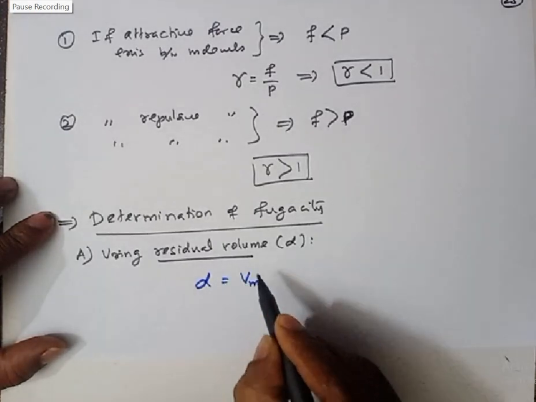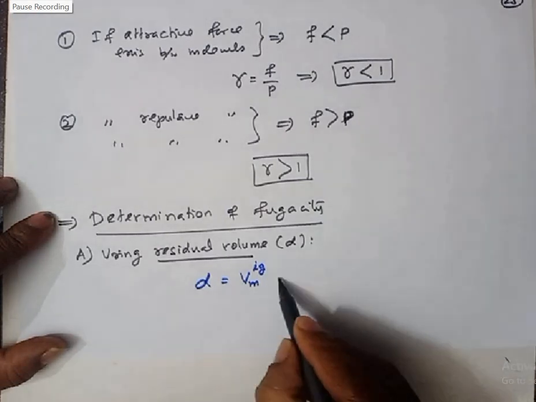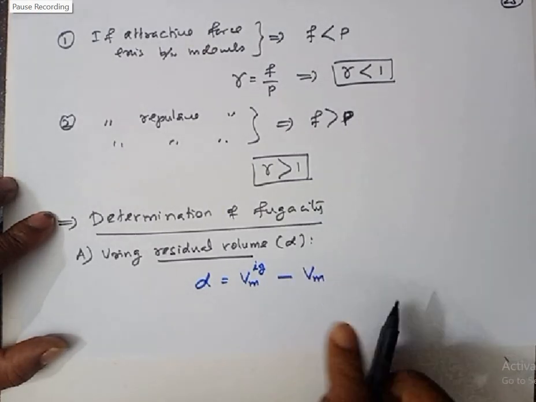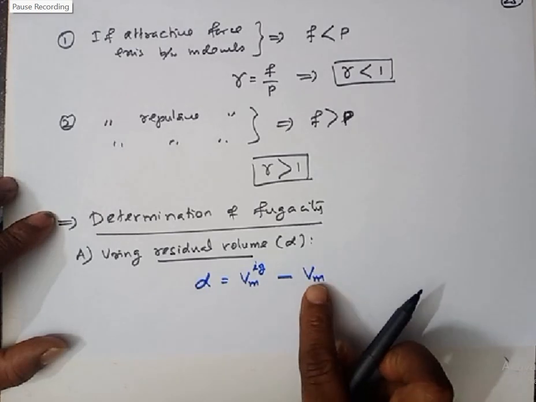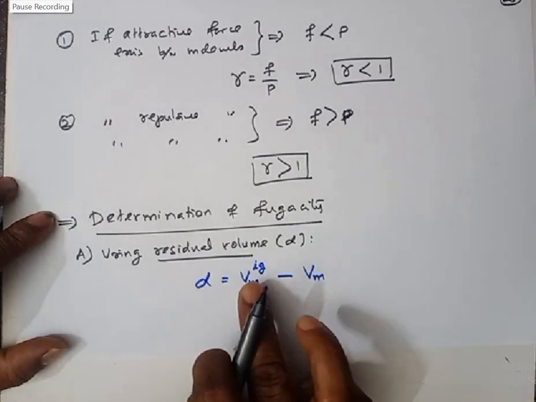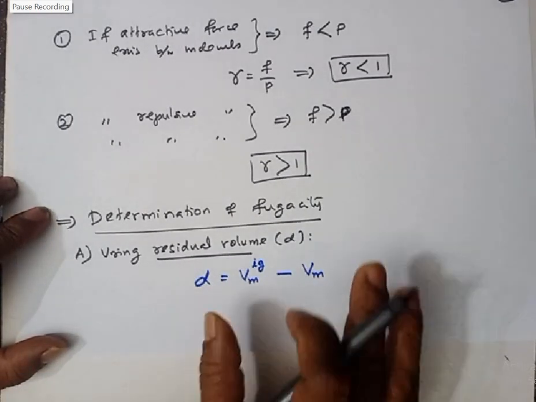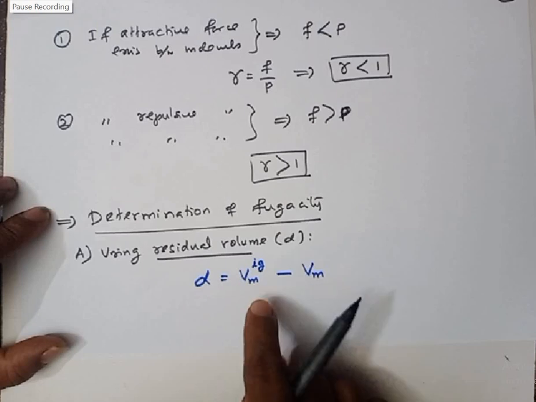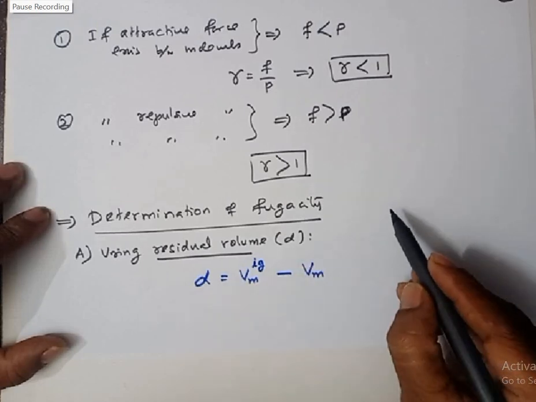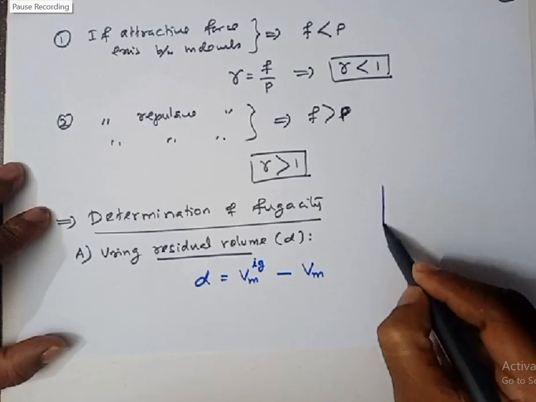the molar volume of the ideal gas, I'll put Ig for ideal gas, minus the molar volume of the real gas. For a real gas we write simply Vm. If you write Vm, it is a real gas. Ig means ideal gas, that's all. Observe carefully, I'm taking molar volume. What is the meaning?